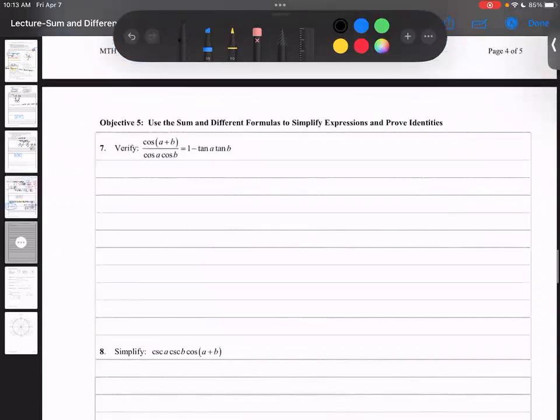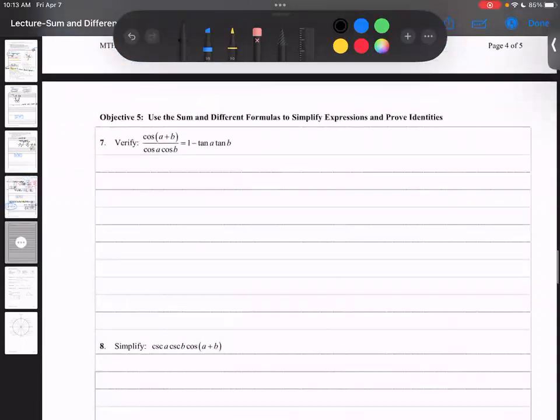Right, last slide, yay. This one is reviewing from yesterday, but now we have more options for verifying identities, because you have more formulas now. I want to verify the left-hand side equals the right-hand side. So let's start with the left-hand side.